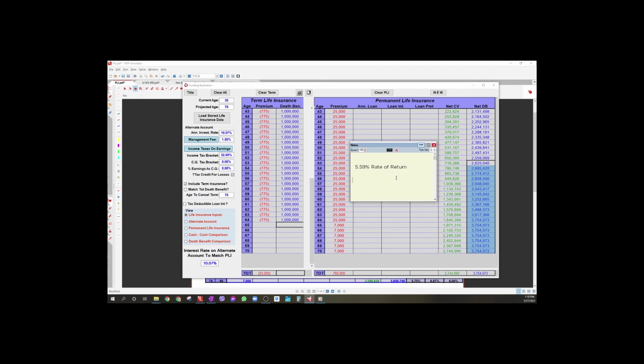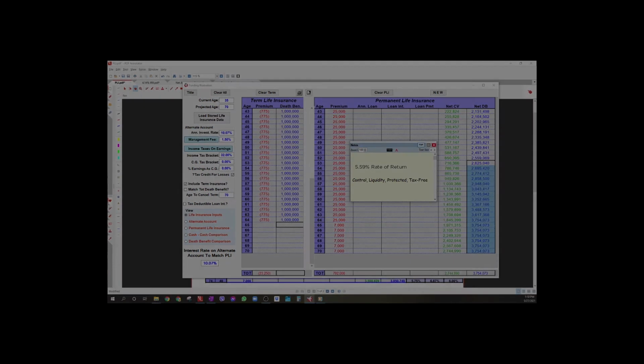And not just that, but it's safe, we have control over it, and you have access to liquid cash that's protected from collections, lawsuits, and even bankruptcy, and in most cases, it's entirely tax-free. What else is out there that will deliver all of these benefits in one package? It's pretty powerful, and that's what you get if you invest in a cash value life insurance policy.